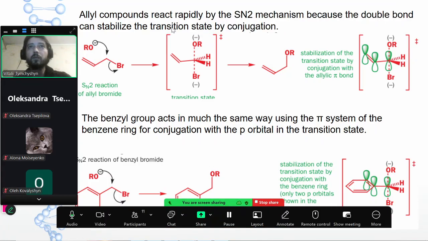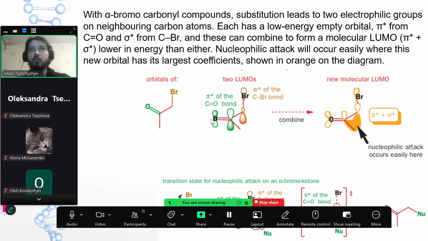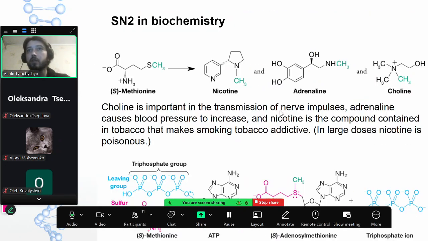Okay, what's that? These are some more examples of SN2 and some orbitals, but I don't think we have time for that. I will just show you in the last minute the SN2 reaction in biochemistry.